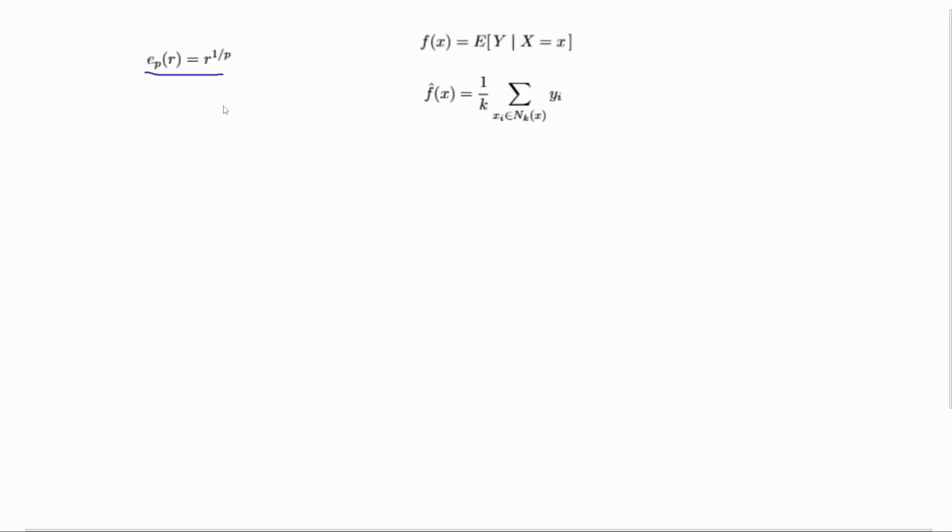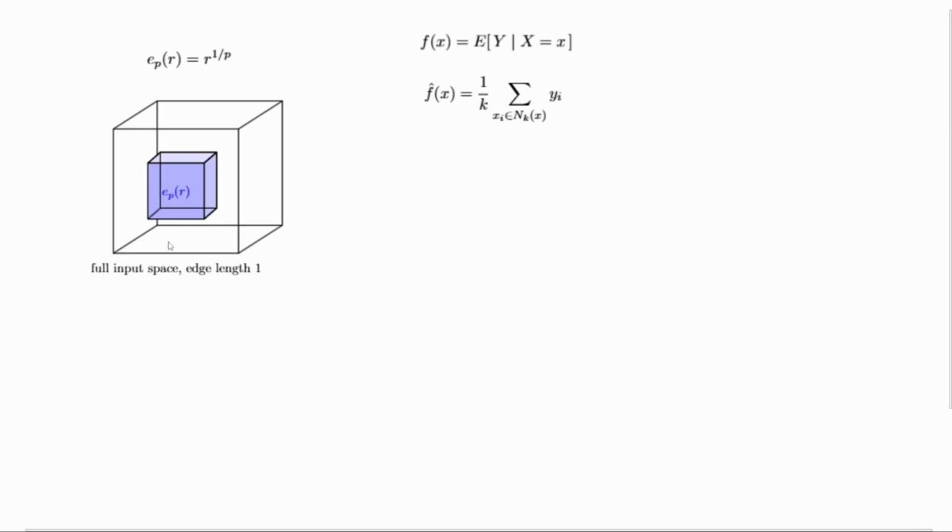Since the cube is in p dimensions, the volume of a cube is just the side length multiplied by itself for however many dimensions there are. So in 3 dimensions, it's the edge length cubed. If it's p dimensions, it's the edge length to the p. And so the side length must be the p-th root of the volume, r^(1/p).